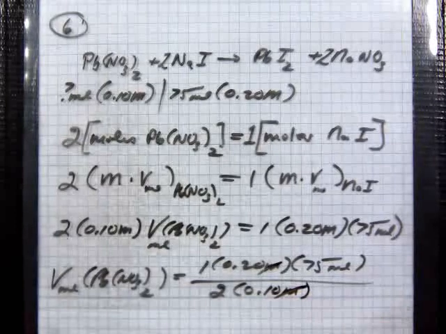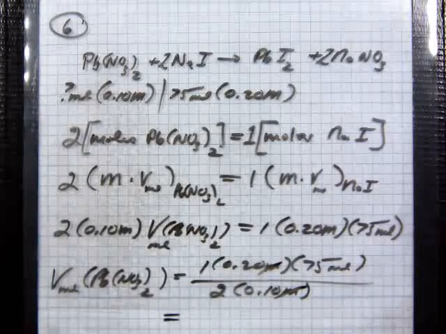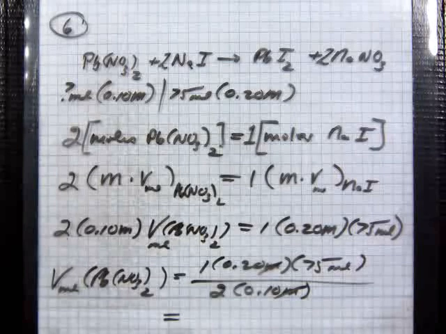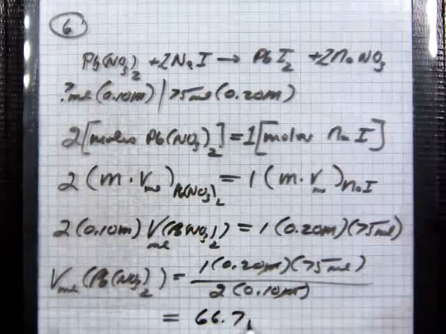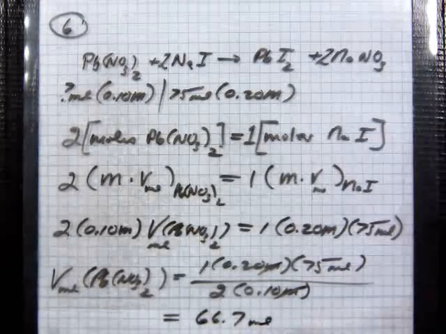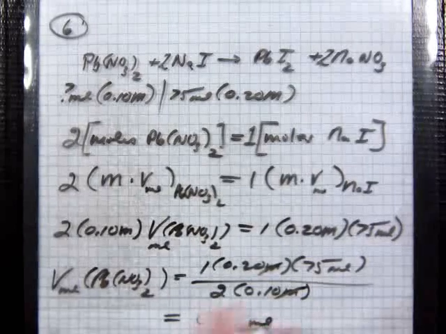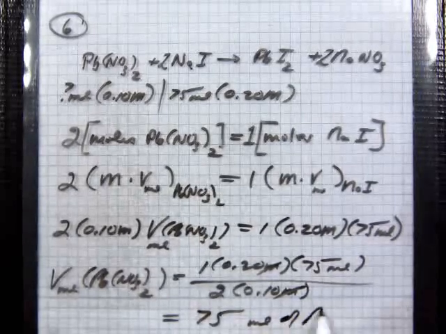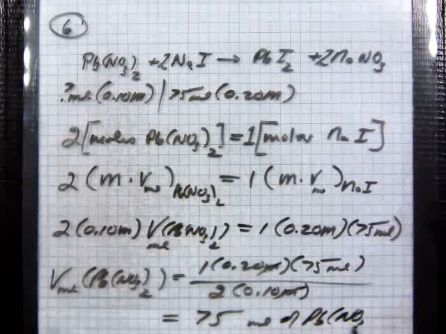Molarities drop out, we're left in milliliters. So hopefully you're starting to get a little better feel for the idea of working with the solution reactions. And I got, if I didn't miss it, 66.7 mils. No, that's the wrong one. 75 milliliters of lead nitrate solution.